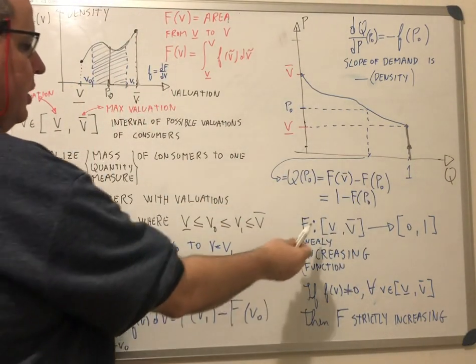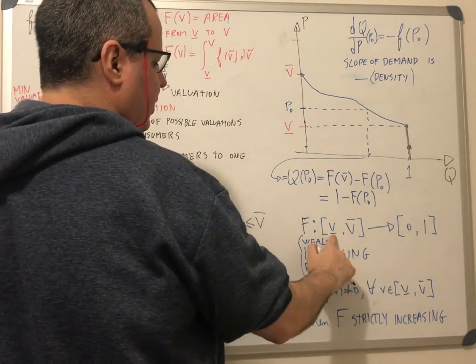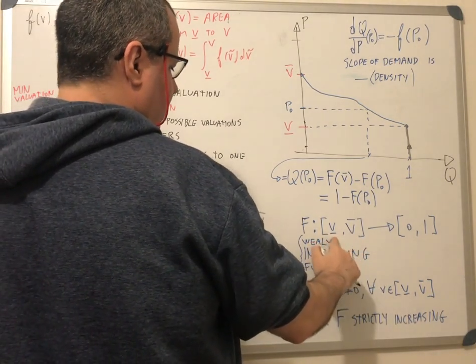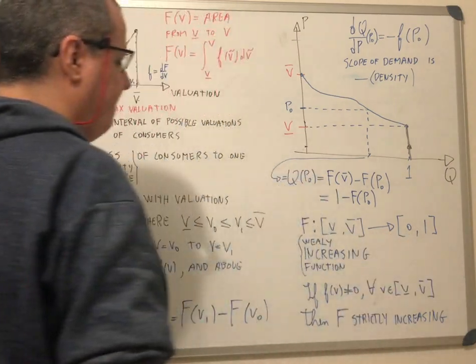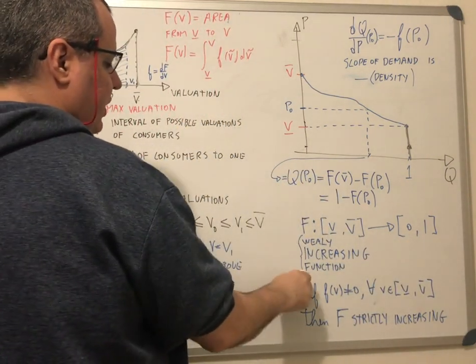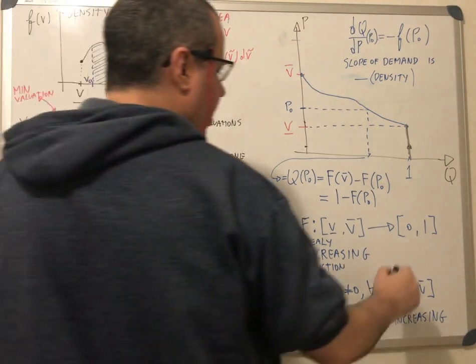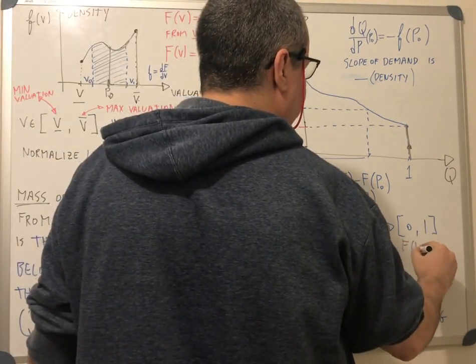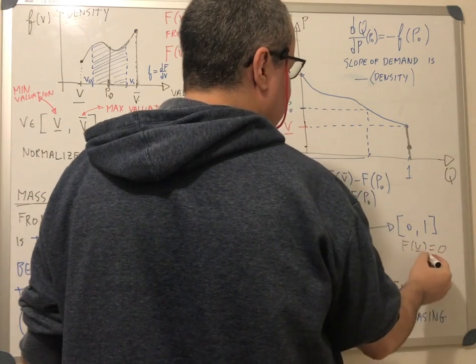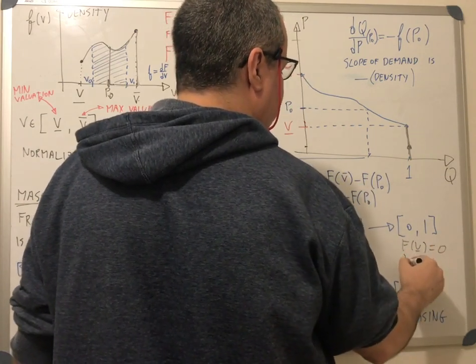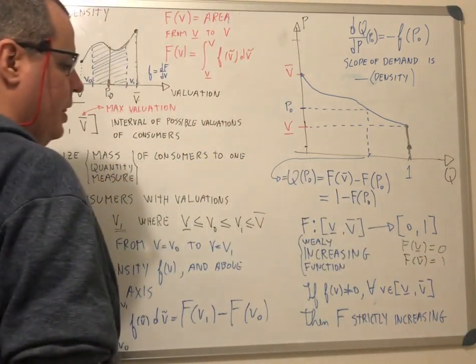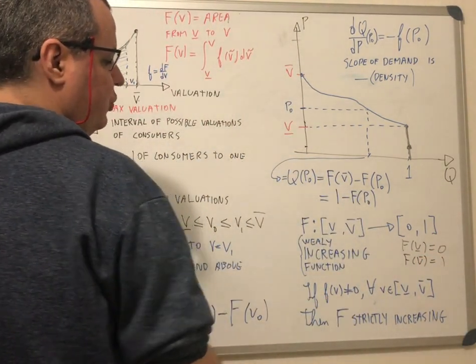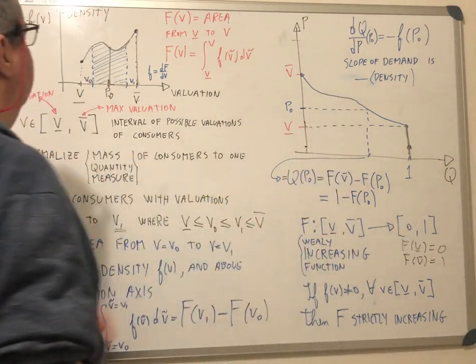Okay? Our cumulative distribution function is a function from the interval V lower bar to V upper bar to numbers between 0 and 1. It's always a weakly increasing function. F calculated at the smallest valuation is 0, F calculated at the largest valuation is 1, and if the density is non-zero, the function is strictly increasing.